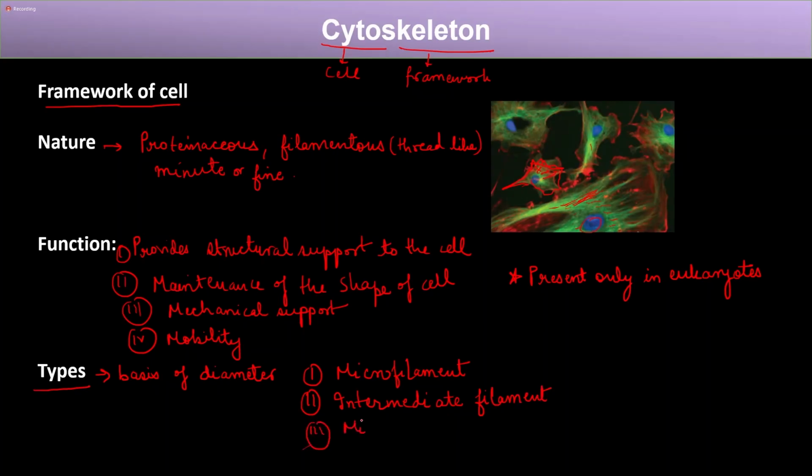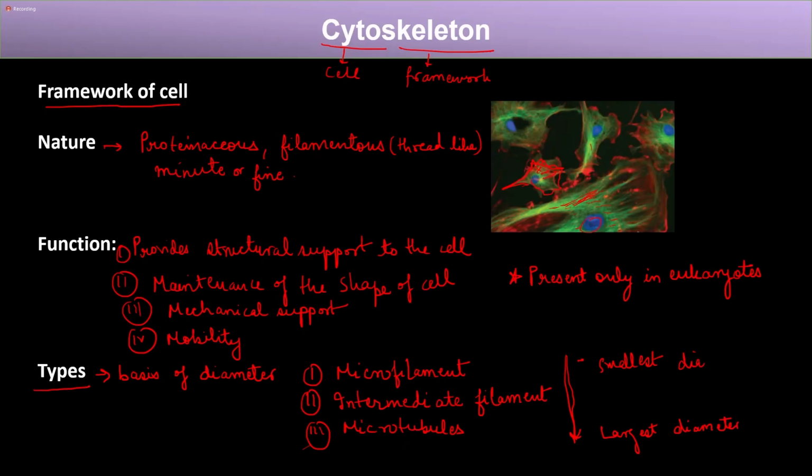And the third is microtubules, which have some tubular-like structure. This is in increasing order of diameter: the first one has the smallest diameter, and the last one has the largest diameter.